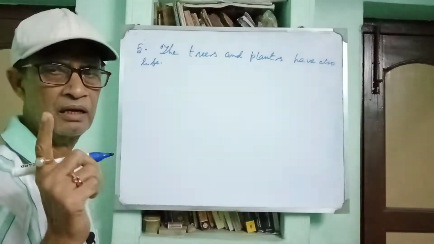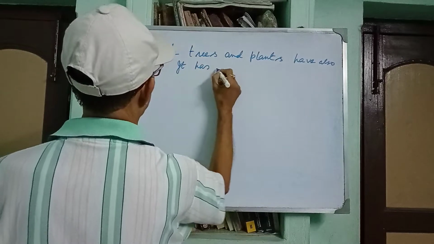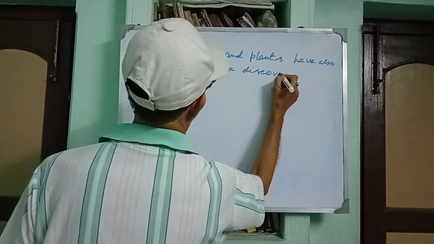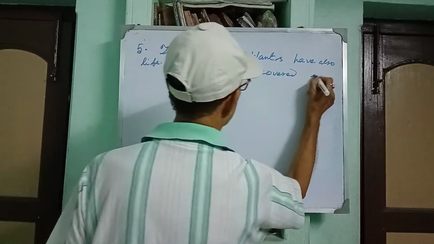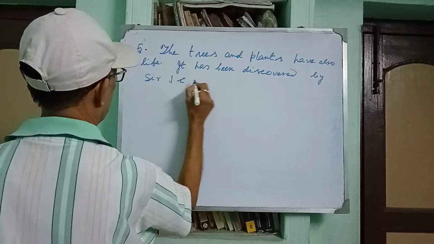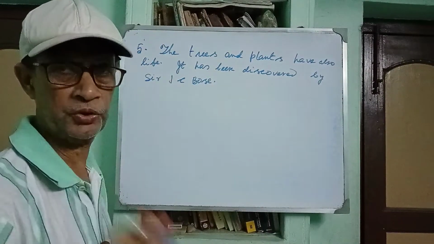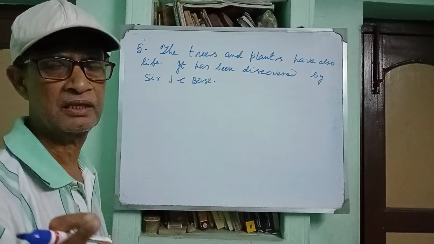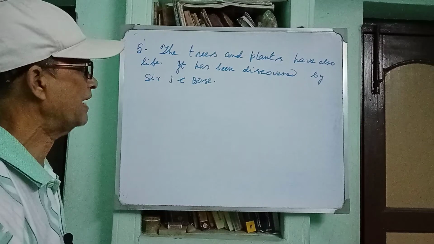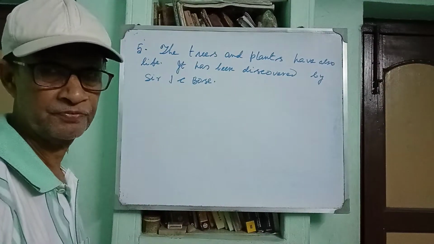It has been discovered by Sir J.C. Bose. Two sentences, and you are asked to combine them into a complex sentence by using a noun clause subject to the verb. Trees and plants have also life. It has been discovered by Sir J.C. Bose.